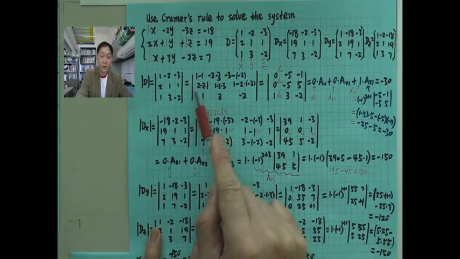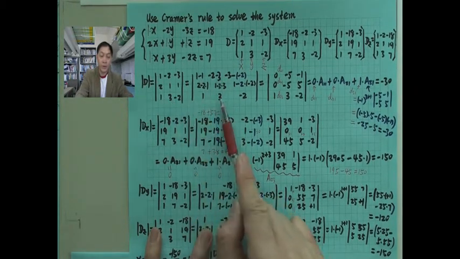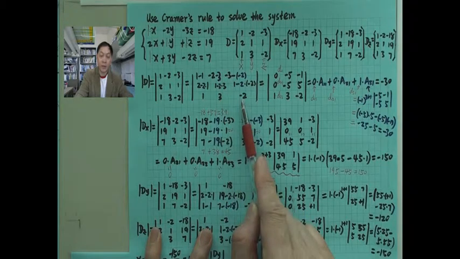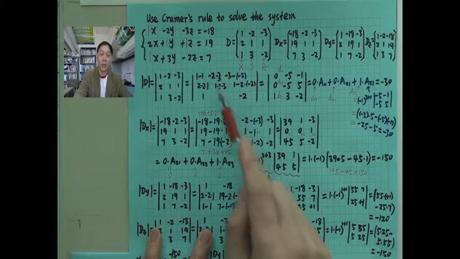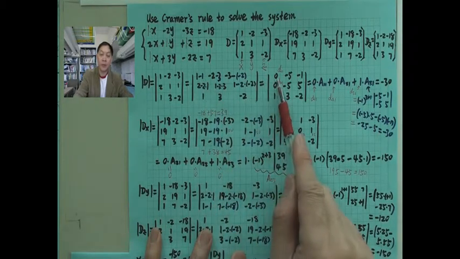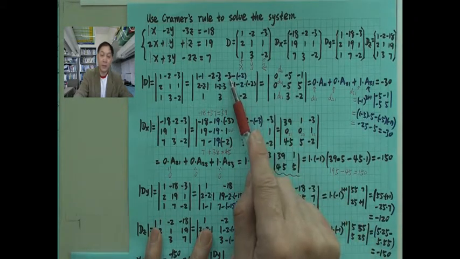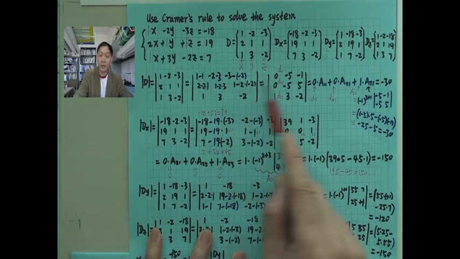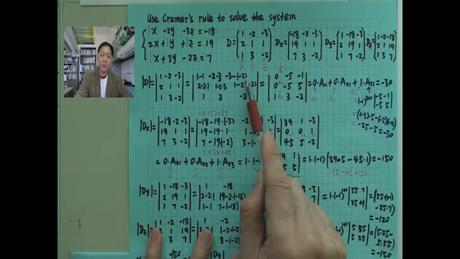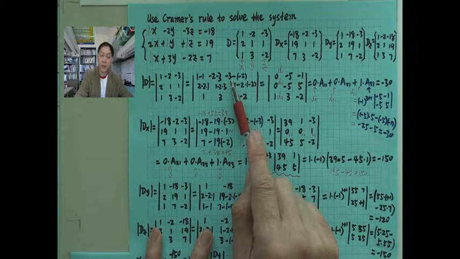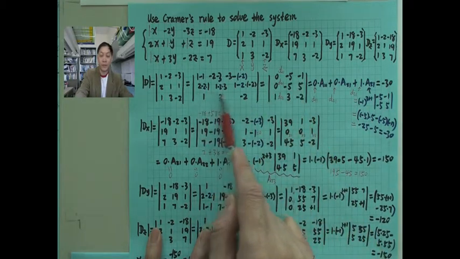Row 3 was what? 1, 3, negative 2. So, 1 minus 1, negative 2 minus 3, negative 3 minus negative 2. Okay. So, what do we get? 1 minus 1 is 0. Negative 2 minus 3, negative 5. Negative 3 minus negative 2 is negative 1. Okay? Because negative is positive 2. Positive 2 plus negative 3 is negative 1.